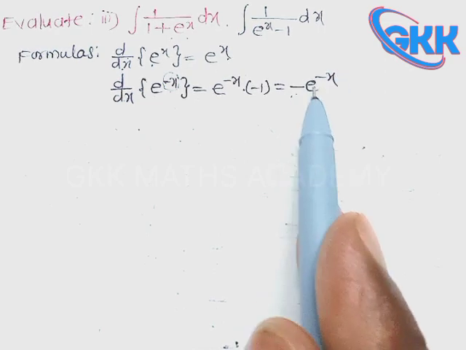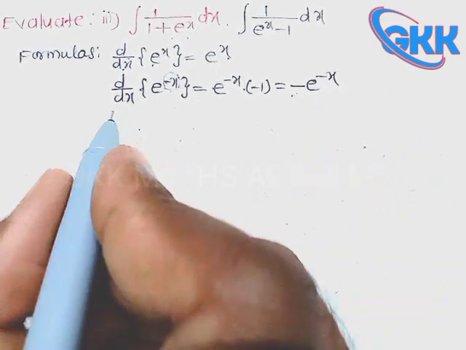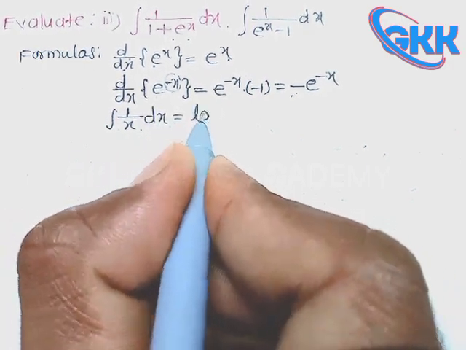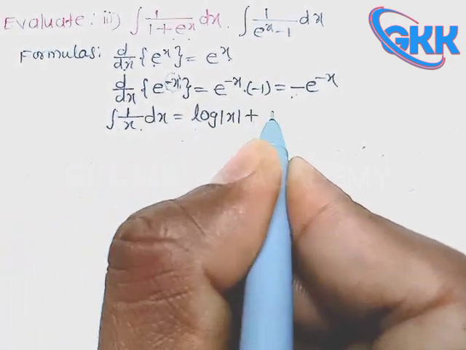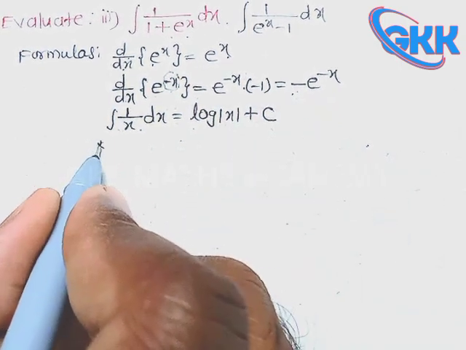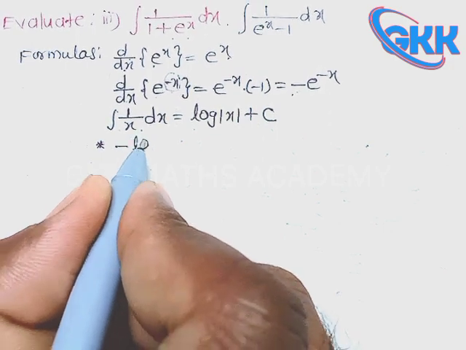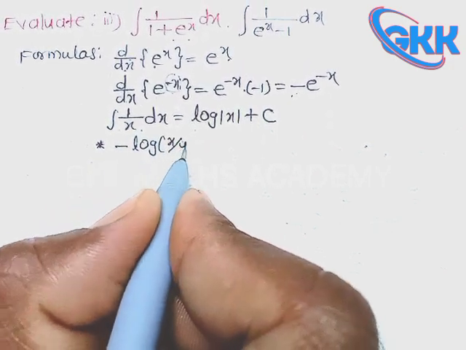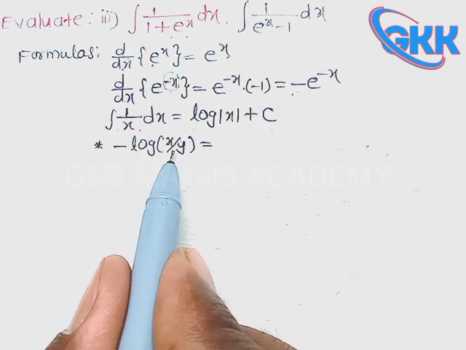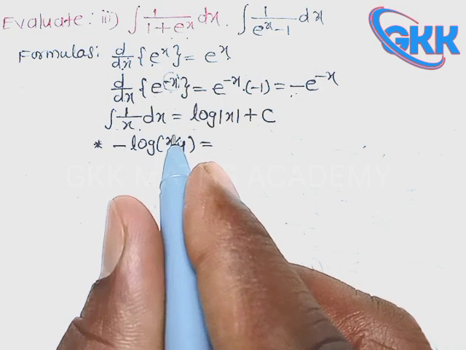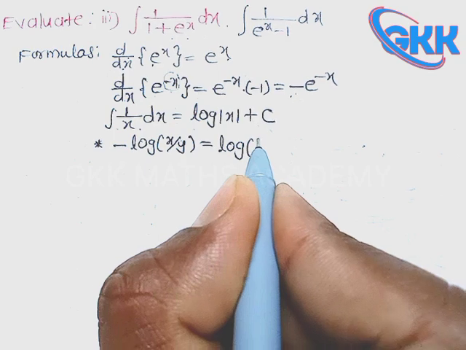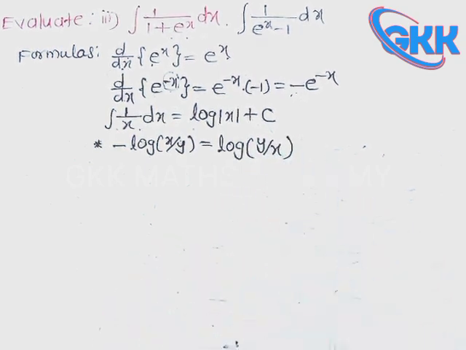This minus comes from internal differentiation. Now the integral of 1 by x dx formula is log mod x plus c. And in one property of logarithm, minus of log of x upon y: when you take the minus in the logarithm, the numerator becomes the denominator and the denominator becomes the numerator.